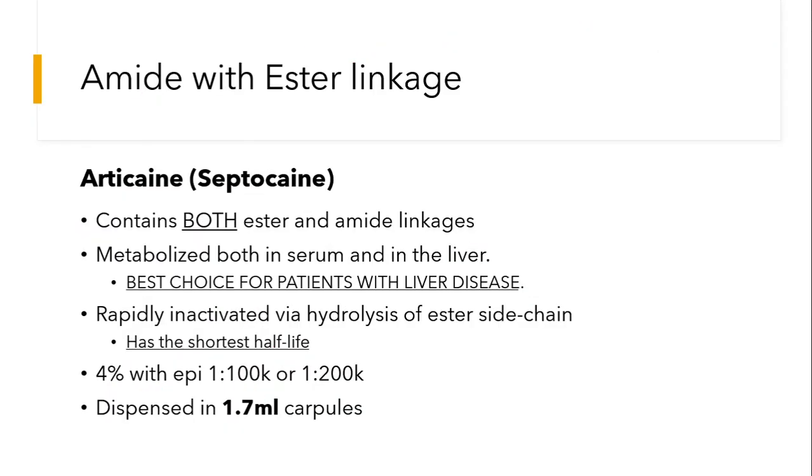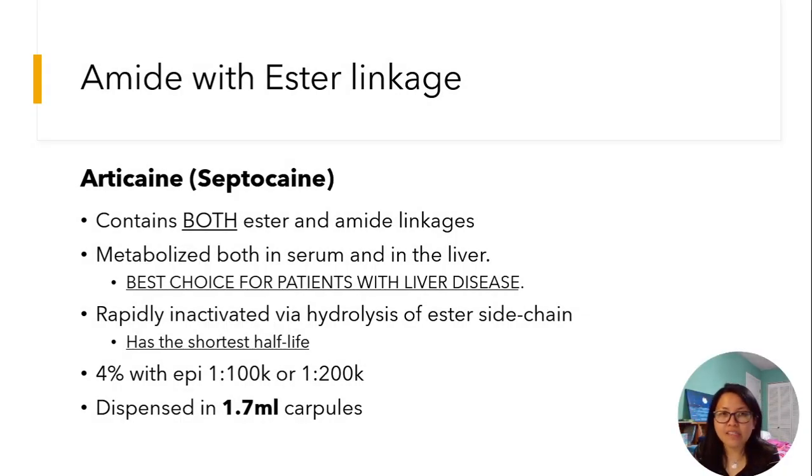Now, there is one special local anesthetic that is still in use today, and this is your articaine. Why is it special? Because it is an amide with an ester linkage, so it exists in both ester and amide form.